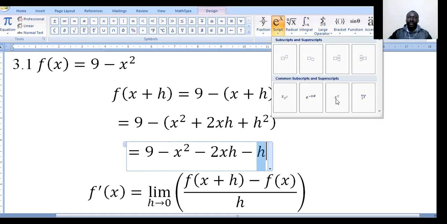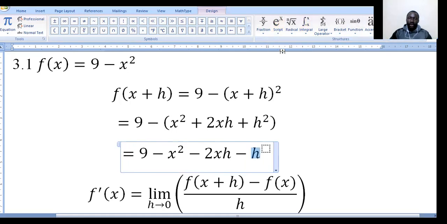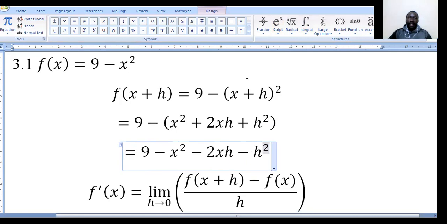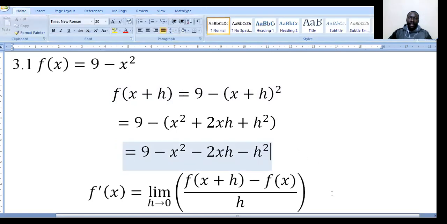Okay. So that's what we are going to be having as the value of f of x plus h. Now, much more simplified. So f of x plus h now takes this value here, this expression, which is 9 minus x squared minus 2xh minus h squared. So we have now got the value of f of x plus h.